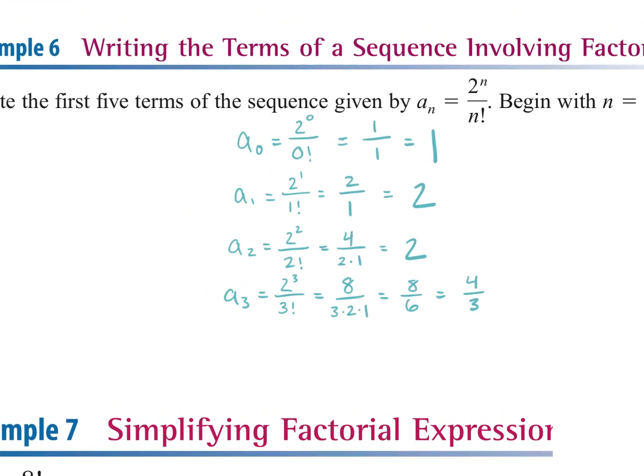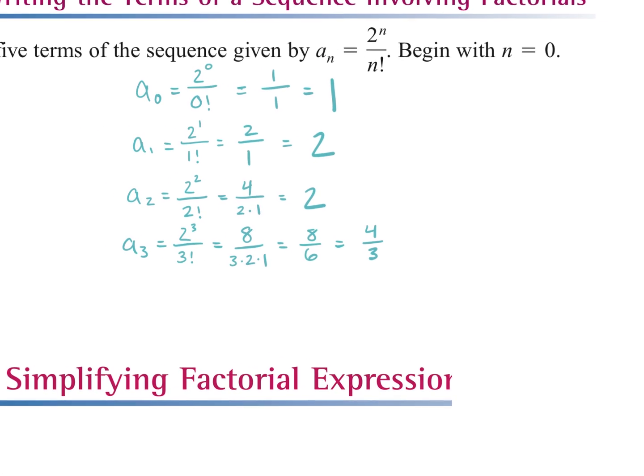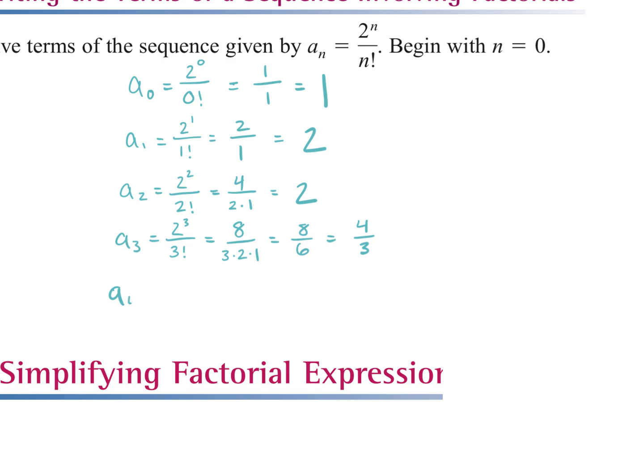And then we're looking for 5 terms. We've got 4 so far, so one more. A sub 4. 2 to the 4th power over 4 factorial. What is 2 to the 4th power? 16, perfect. 4 factorial is 4 times 3 times 2 times 1. What's 4 times 3 times 2 times 1?